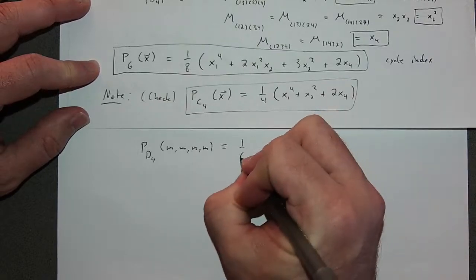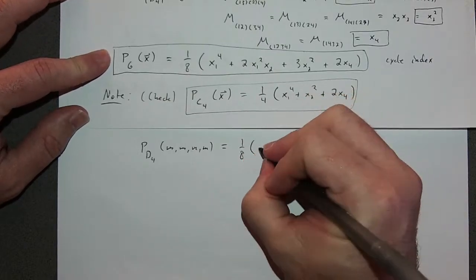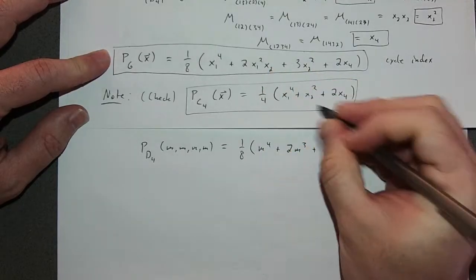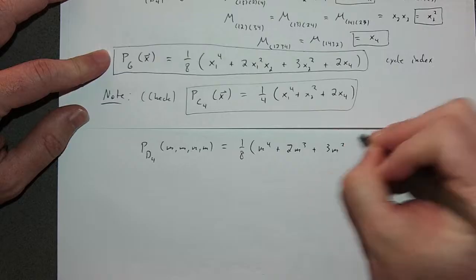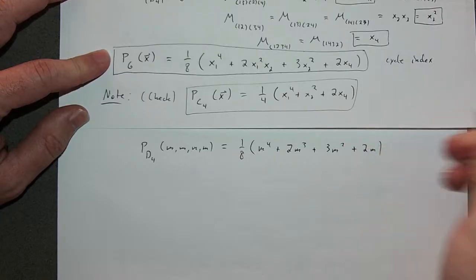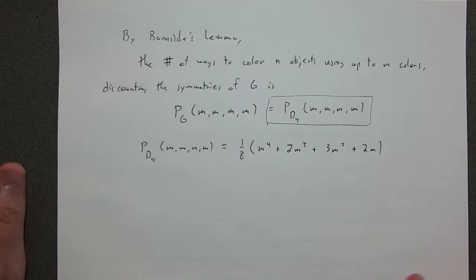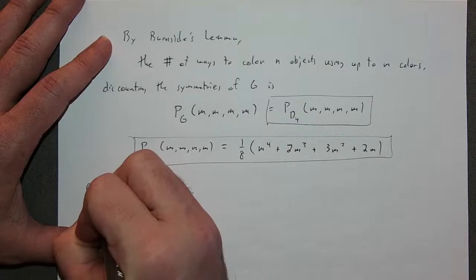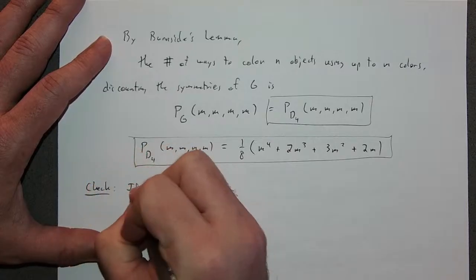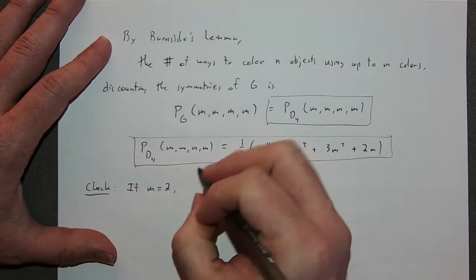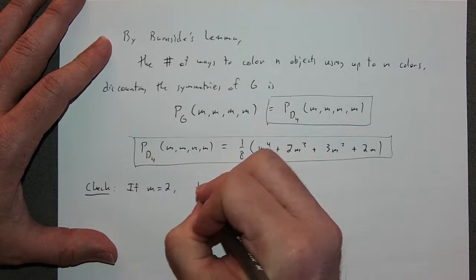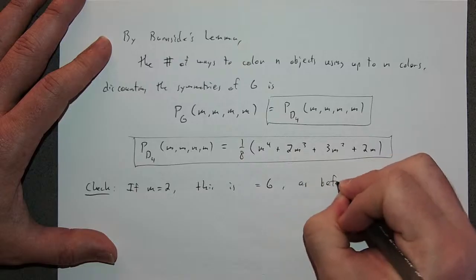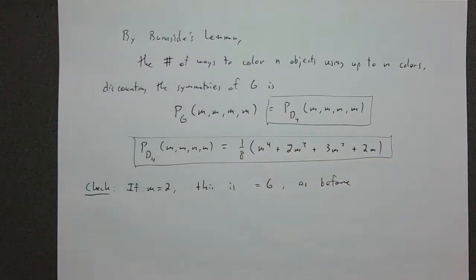So this would be 1/8 times m to the 4th plus 2m cubed plus 3m squared plus 2m. Right? Check. If m is equal to 2, then this is equal to 6, just like in the way we computed this previously with Burnside's lemma.